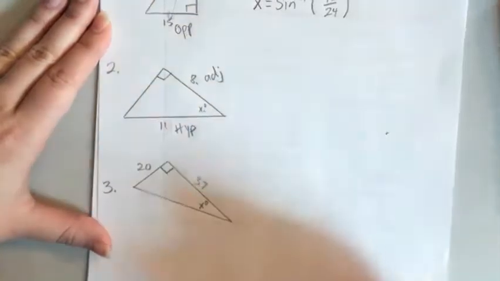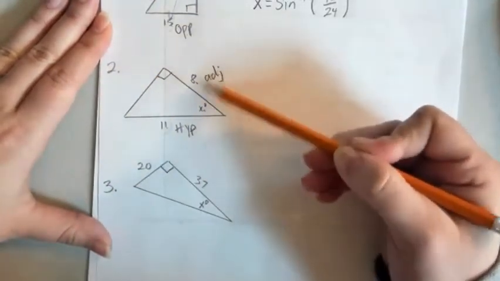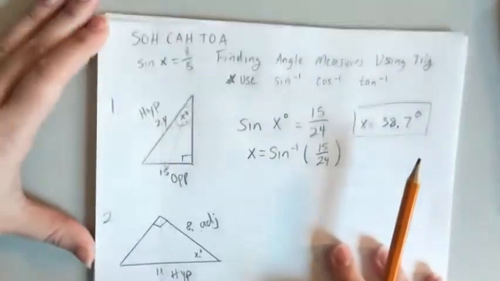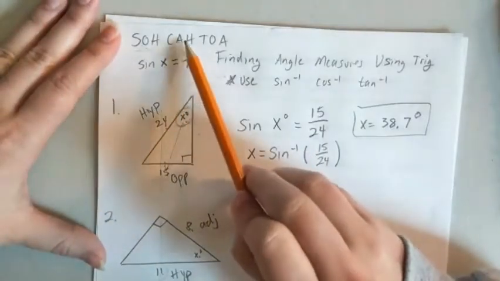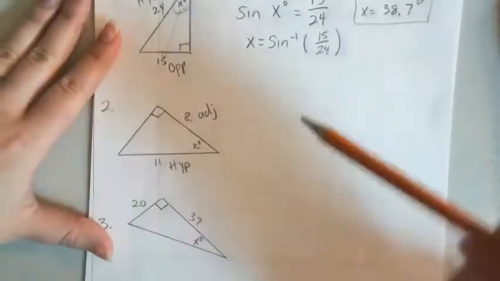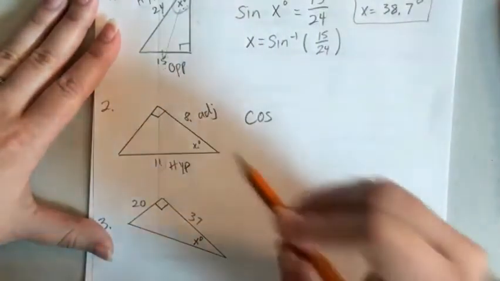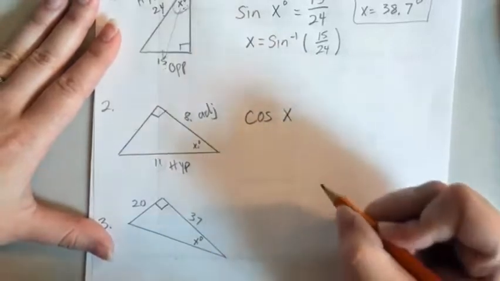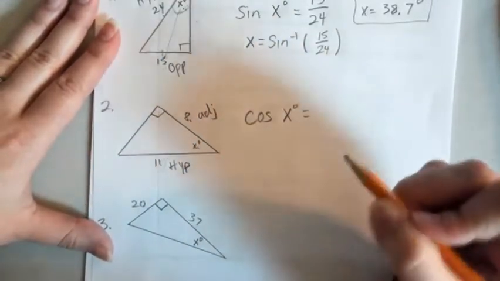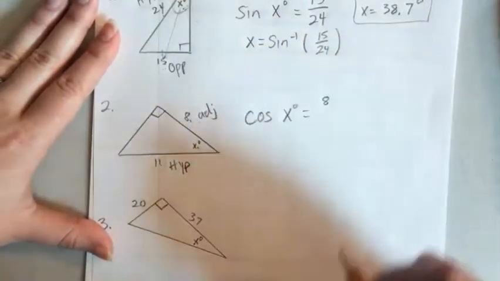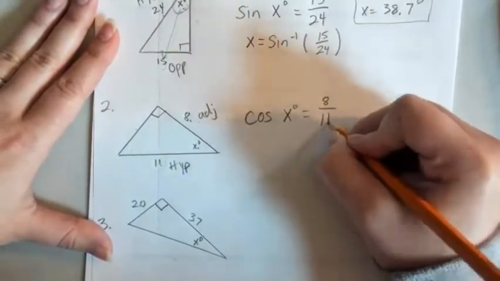This side would be adjacent. Adjacent and hypotenuse, what do those make? If I look back at SOHCAHTOA, adjacent and hypotenuse make cosine. So I'm going to be using cosine. So cosine of my angle, x, equals adjacent, 8, over hypotenuse, 11.